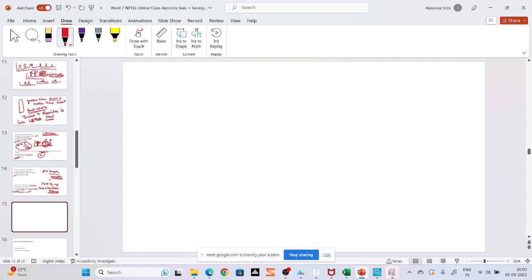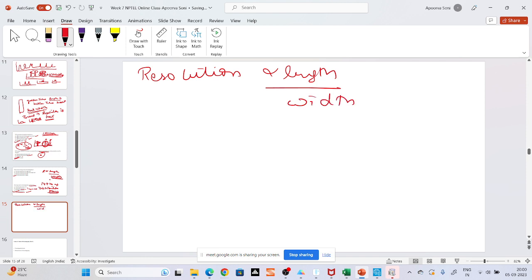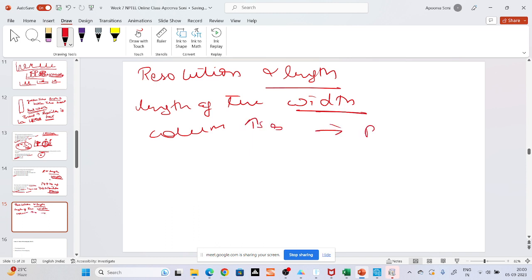See, the basic logic is that we just said that the resolution depends on two things. It is directly proportional to the length and inversely proportional to the width. So when you are increasing the length of the column, your resolution also increases.